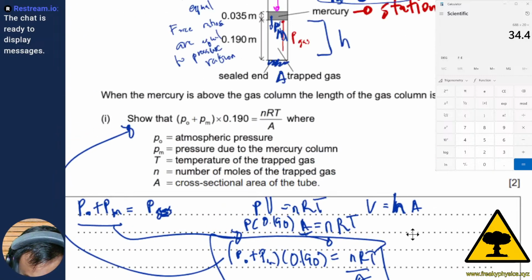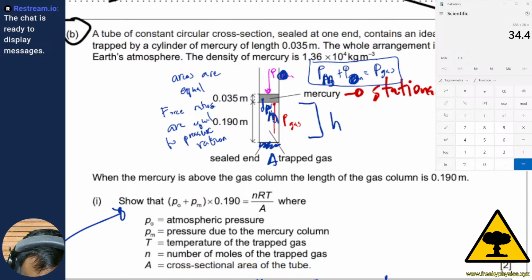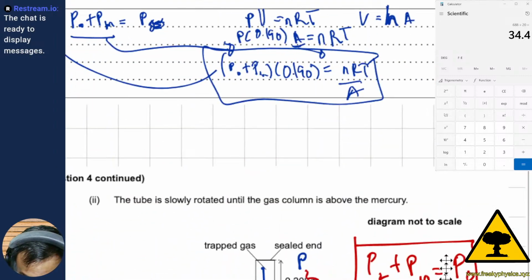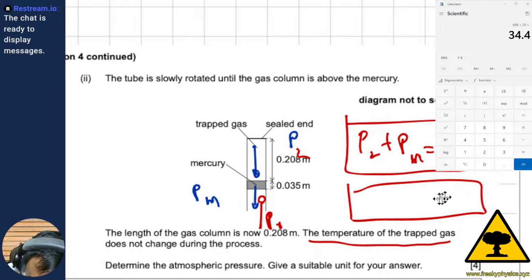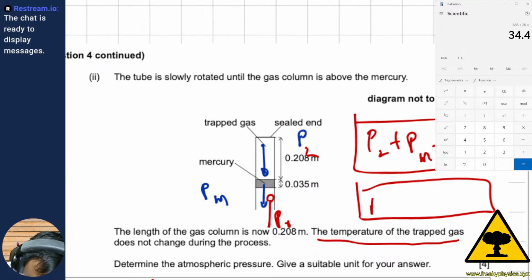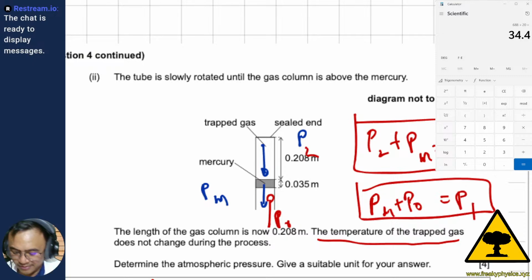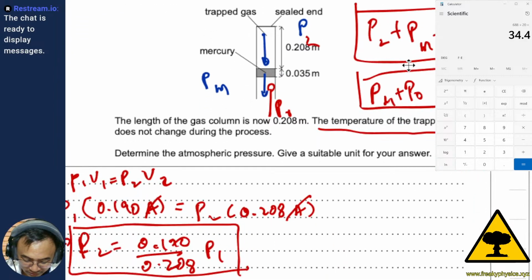It is PM plus P0 equals P1. Now we're going to put that in here and put these facts in and solve for P0.